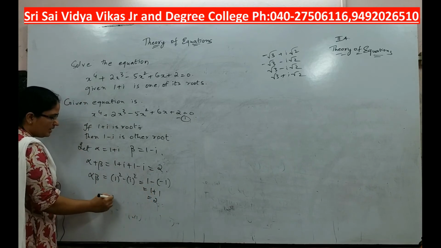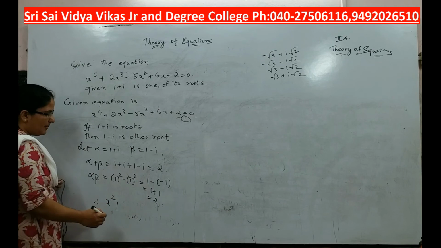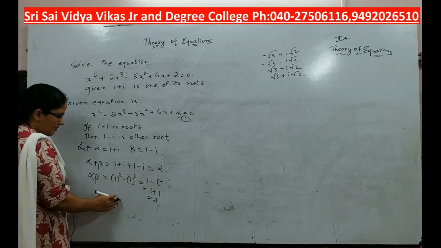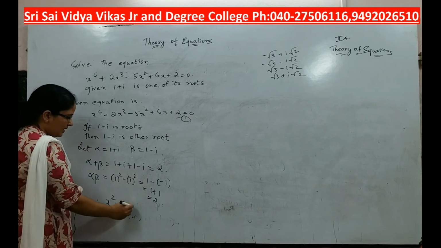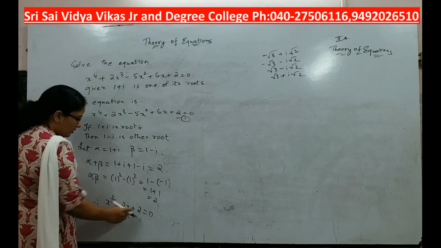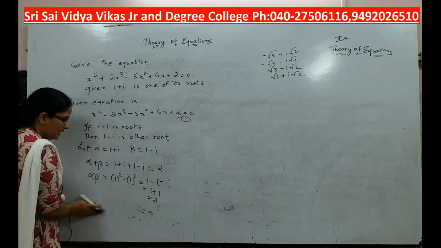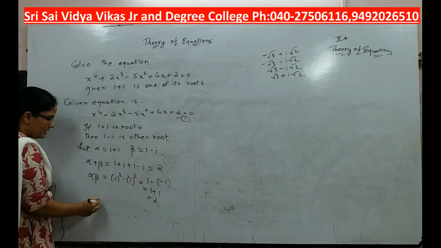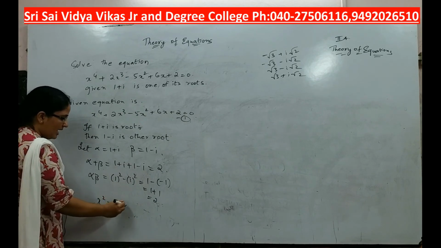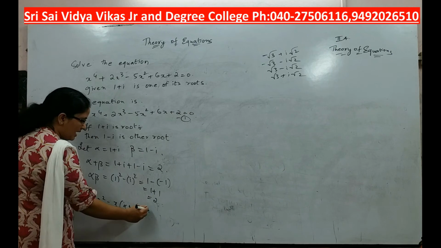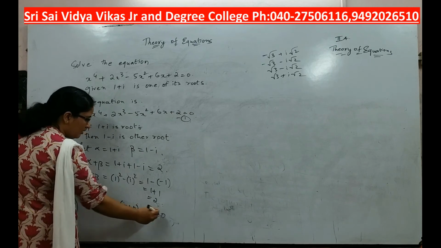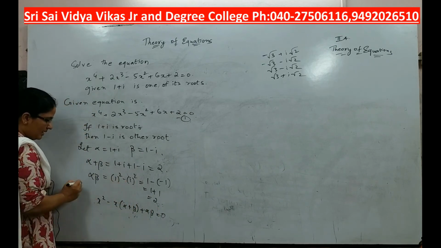Therefore, x square minus 2x plus 2 is equal to 0. You shall take the equation x square minus x into alpha plus beta plus alpha beta.